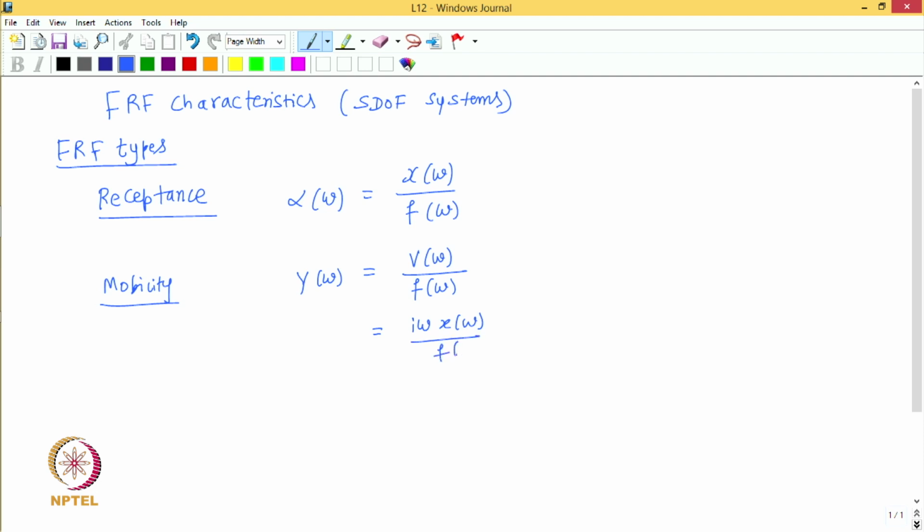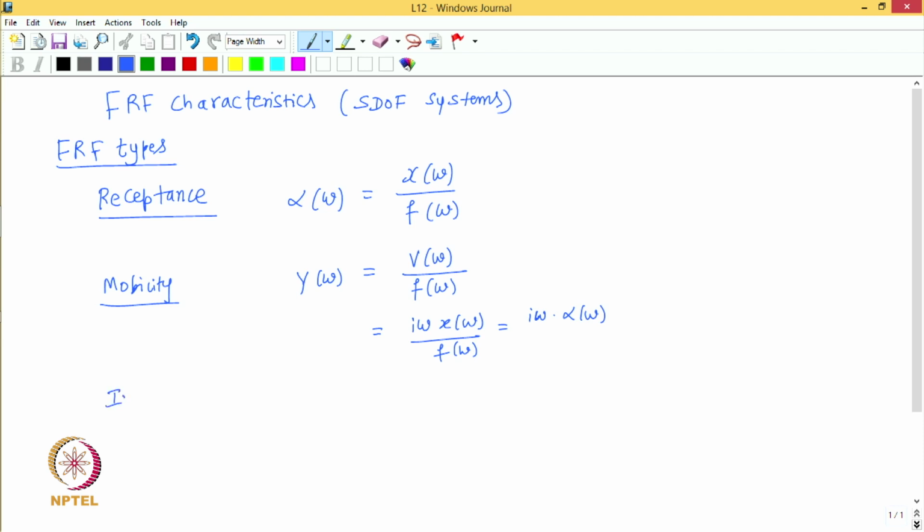And therefore, we see that i omega into X of omega upon F of omega can also be written as i omega into alpha of omega. So, this shows that the mobility is basically related to the receptance of the system. If you multiply the receptance by i omega, we get mobility.